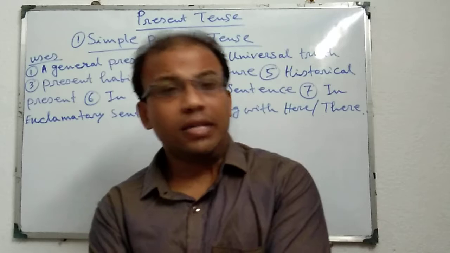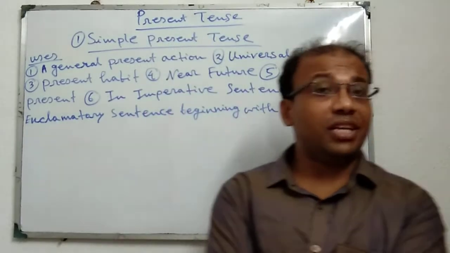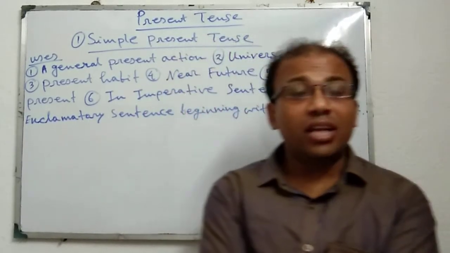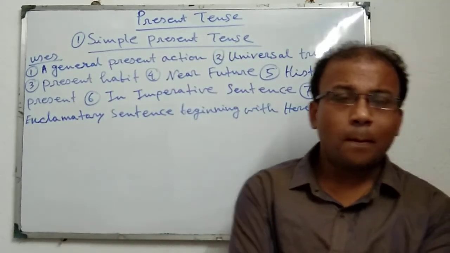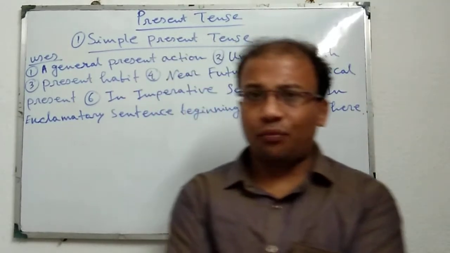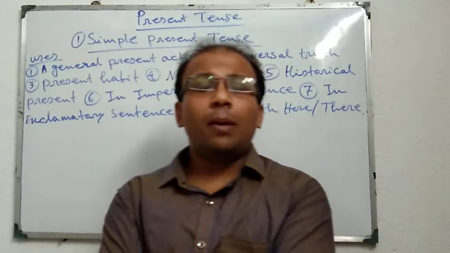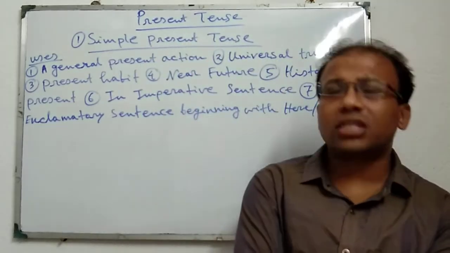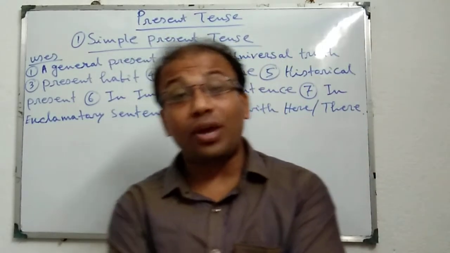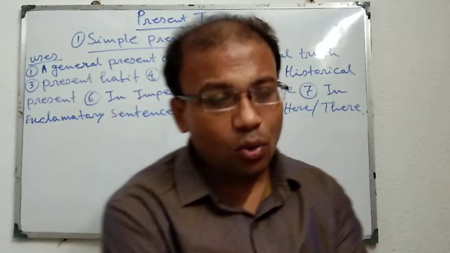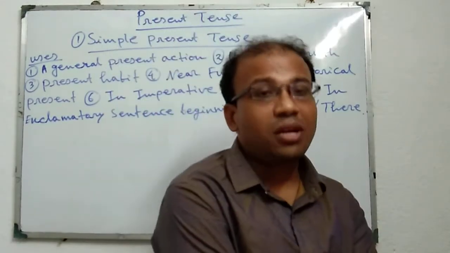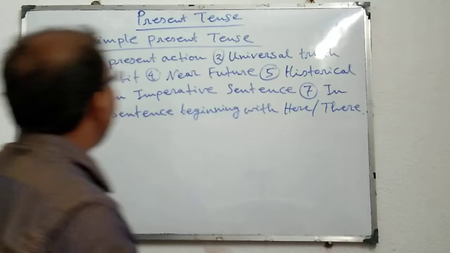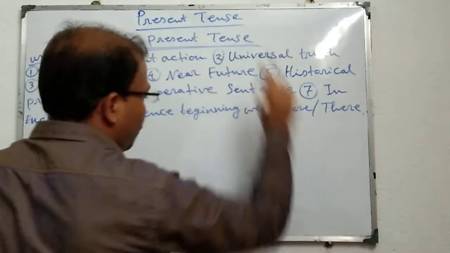First one is simple present tense or present indefinite tense, second one present continuous or present progressive tense, third one present perfect tense, and fourth one present perfect continuous or present perfect progressive tense. Now I am going to discuss the first classification, that is simple present tense.